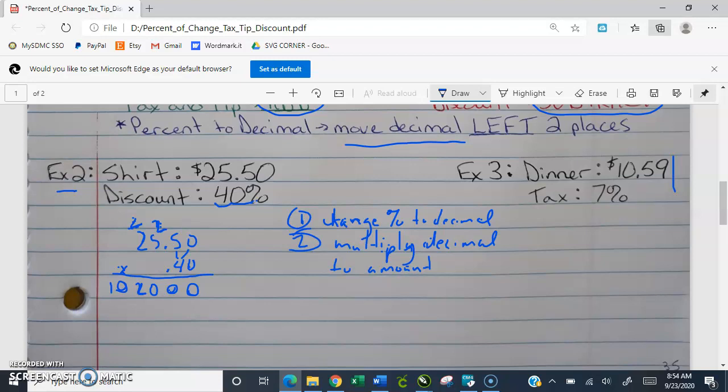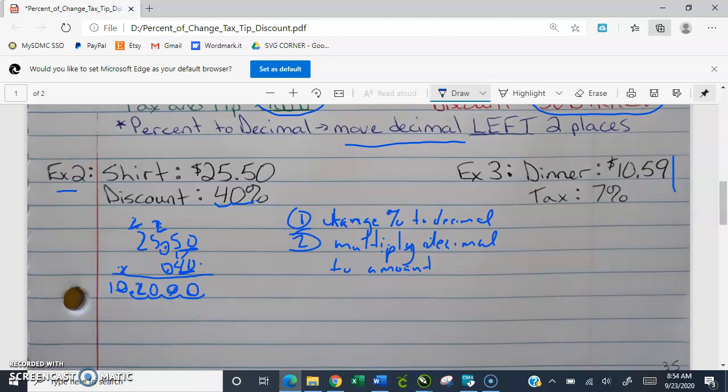Now I need to move my decimal. I have 4 numbers behind the decimal: these 2 and these 2. So I need to move my decimal 4 spots. We started over here: 1, 2, 3, 4.